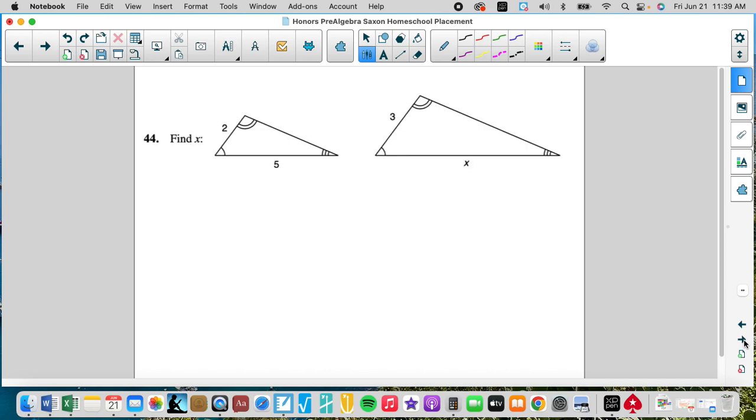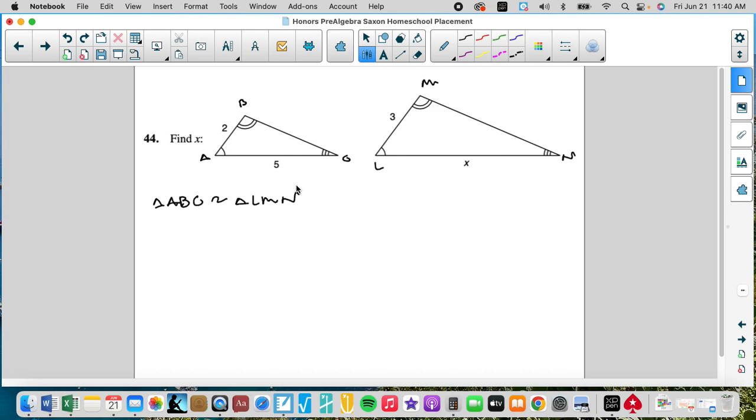So I don't know. Find x. We have something called similar triangles. So if we name this A, B, C, and we name this L, M, N, those are similar triangles. You would write triangle ABC is similar to triangle LMN.